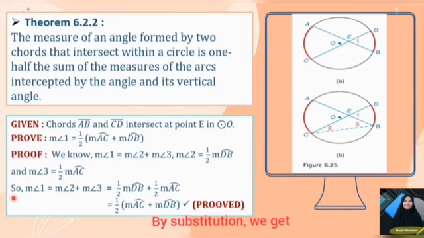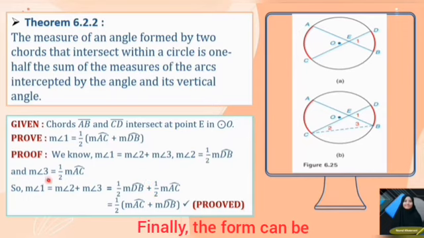By substitution, we get the measure of angle 1 equals 1/2 the measure of arc DB plus 1/2 the measure of arc AC. Finally, the form can be the measure of angle 1 equals 1/2 times the measure of arc AC plus the measure of arc DB. So this theorem is proved.